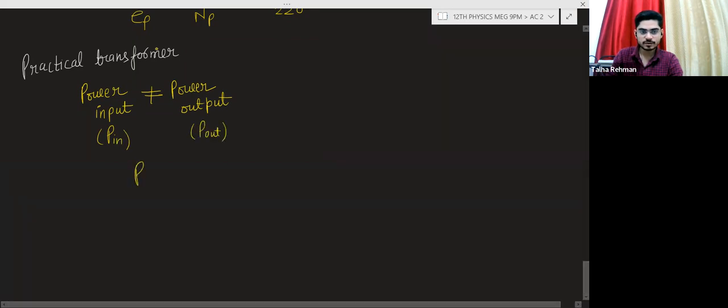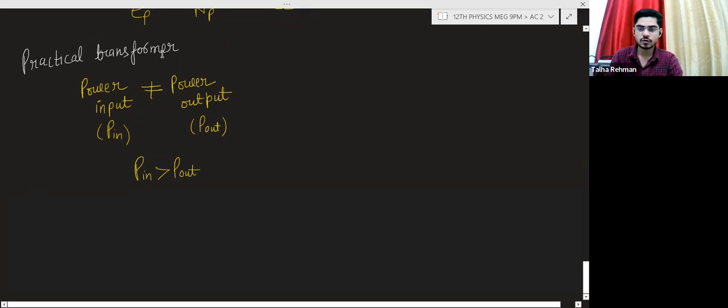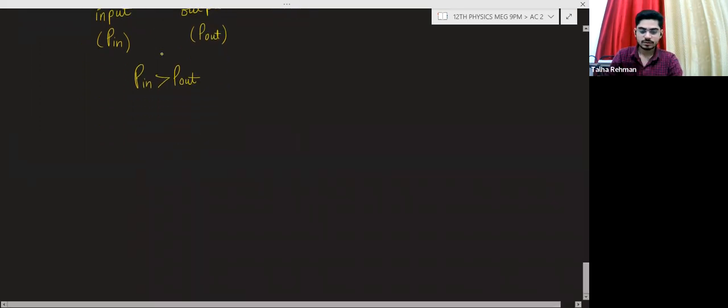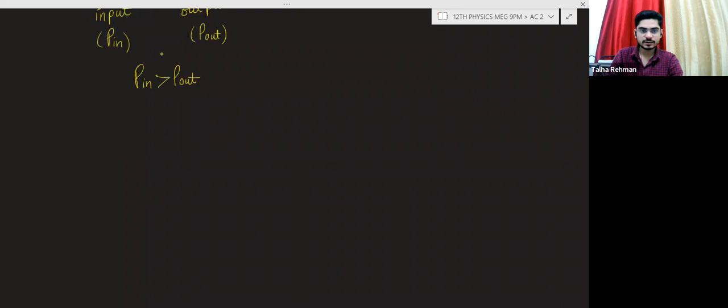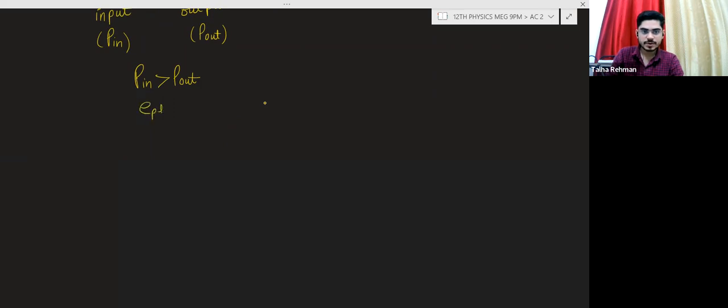So input power will always be greater than the output power because there will be some loss of power. So you can say that EP IP will always be greater than ES IS.